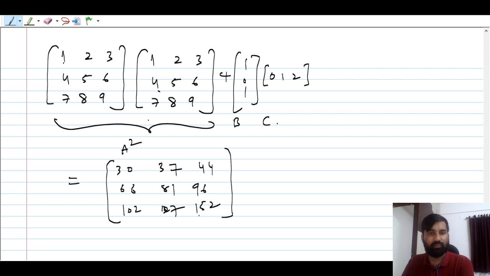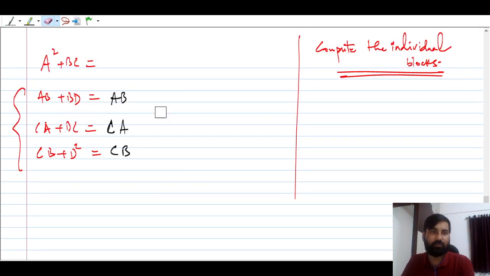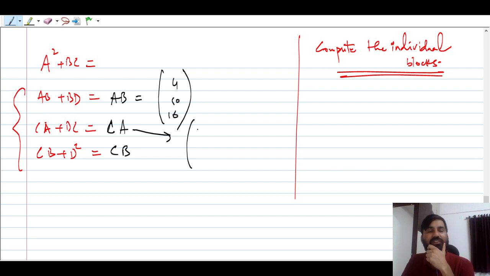This is one block that you can get, and the second block you will get is AB. I'm just going to write that in that place only. So what will you get for AB? AB will be 4, 10, 16. This is the second block.